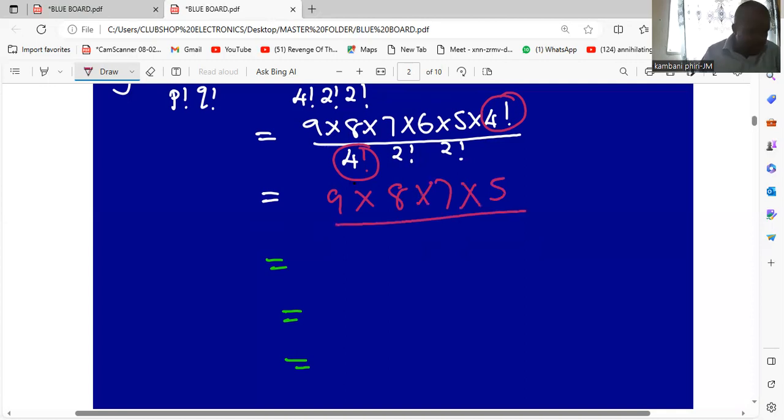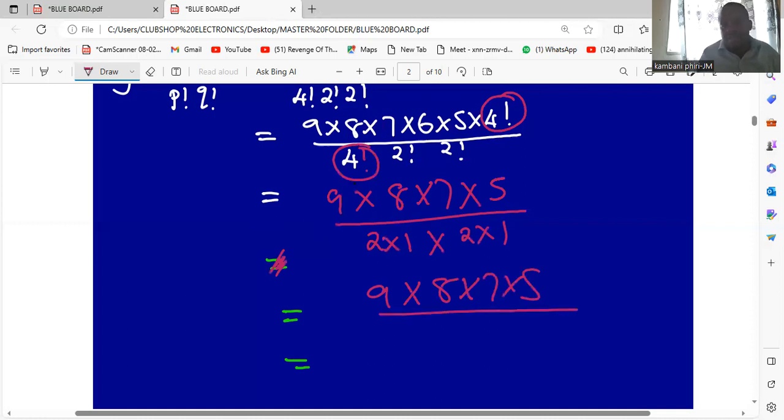Divided by 2 by 1 by 2 by 1. So this is 9 times 8 by 7 by 5 divided by 4. 4 here, and there you have got 2.